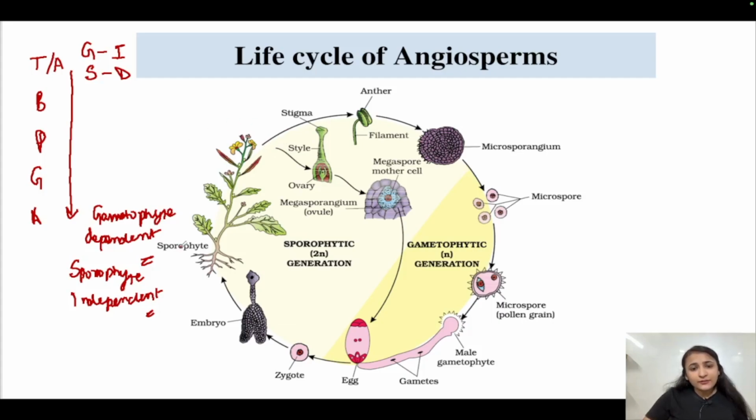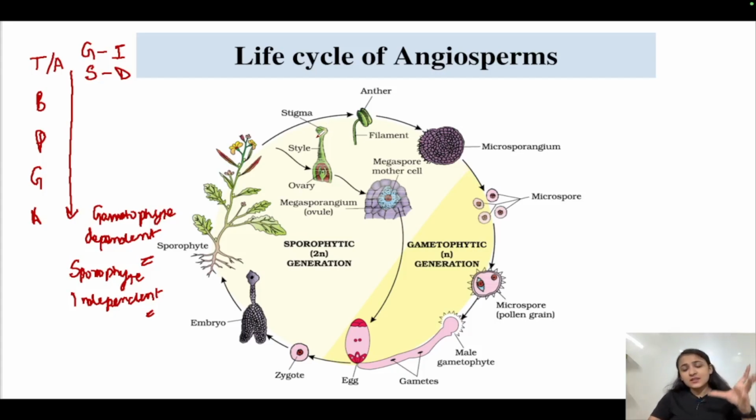So the flowering plant body that we see in angiosperms is the sporophyte. The gametophyte stage is very reduced, as we saw. The pollen grain is the gametophytic stage. It is so reduced and its lifespan is also very short.